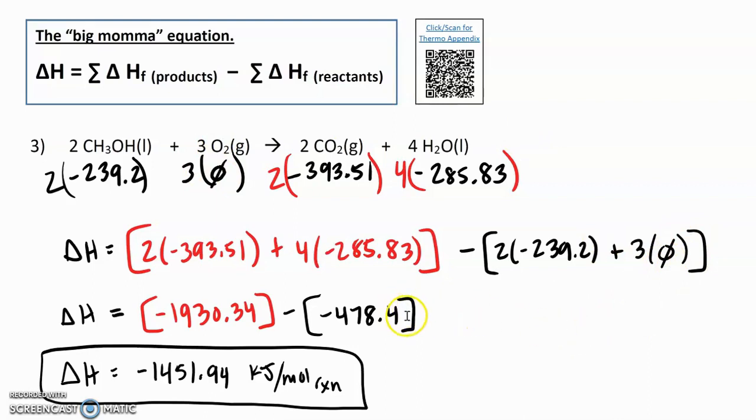So, word of advice, sometimes you're not going to be given the heat of formation value of some elements because we have to know that they're going to be 0. So we just assume they're 0. Don't think that the problem is not giving you all the information that you need to solve the problem. So there you have it, the Big Mama equation: sum of the heat of formation of your products minus the sum of the heat of formation of your reactants.